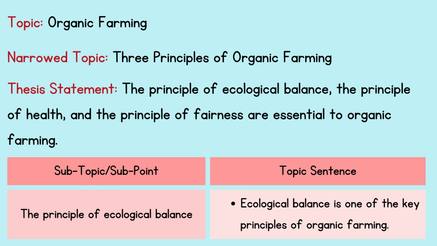So I narrowed down the topic to three principles of organic farming. So the thesis statement that I chose was the principle of ecological balance, the principle of health, and the principle of fairness are essential to organic farming, right?